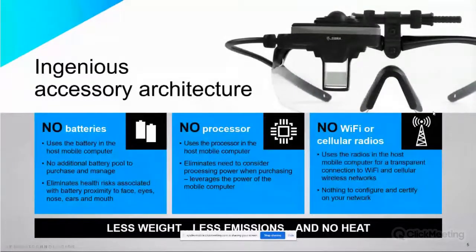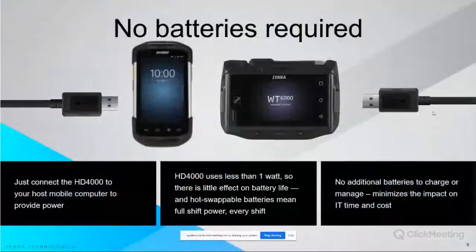You're using the processor. You're also using the storage in the mobile computer, and I think critically, you're also using the enterprise-grade comms. So you can be either LAN or WAN connected with all the superior roaming that those products give you in the first place.